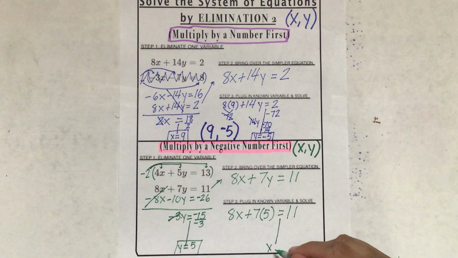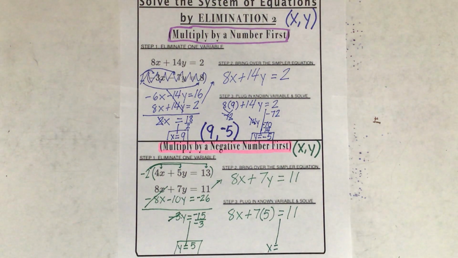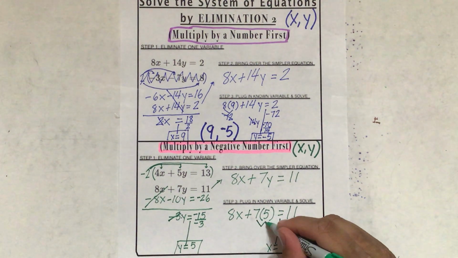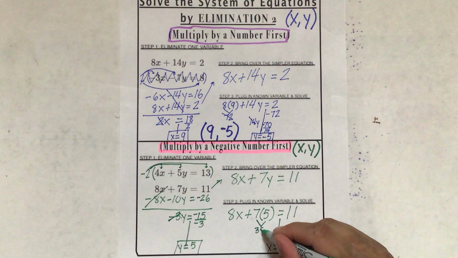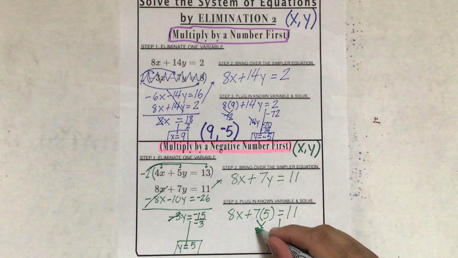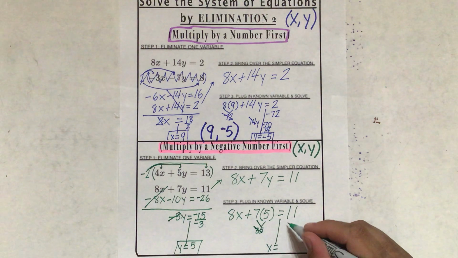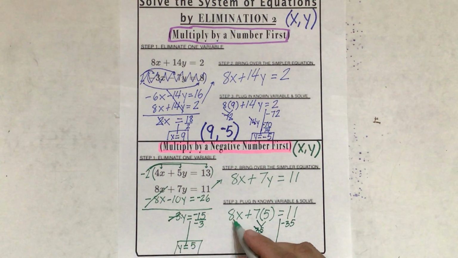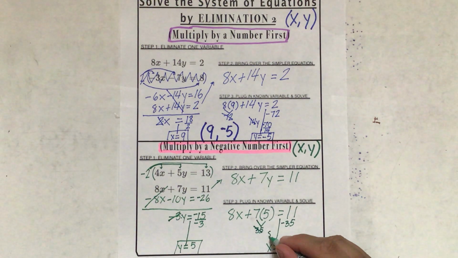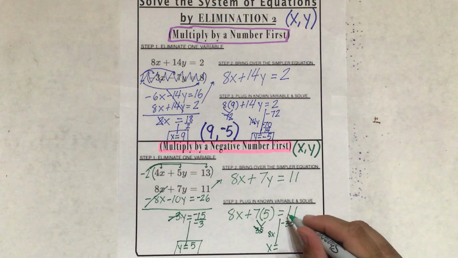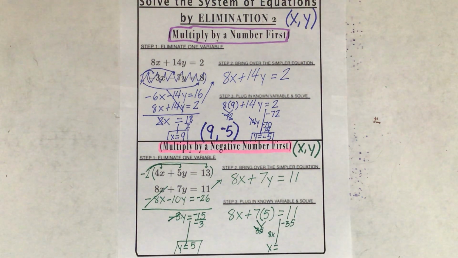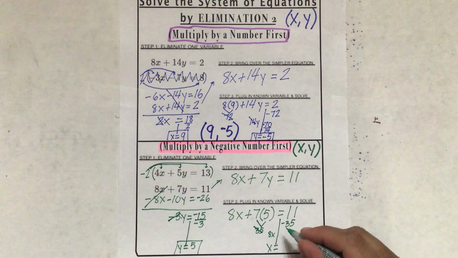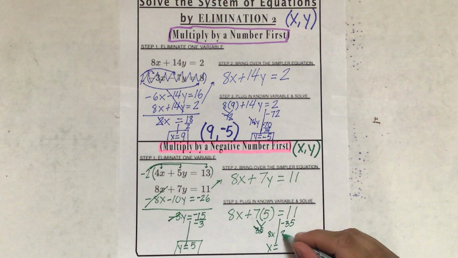My goal is to solve for x, right? So I'm going to multiply 7 times 5, and that gives me 35. So I'm going to immediately bring this 35 over, positive 35, and make it a negative 35. So I still have my 8x here on the left. Positive 11 and negative 35 are not the same sign, so I have to subtract. 35 minus 11 is 24.